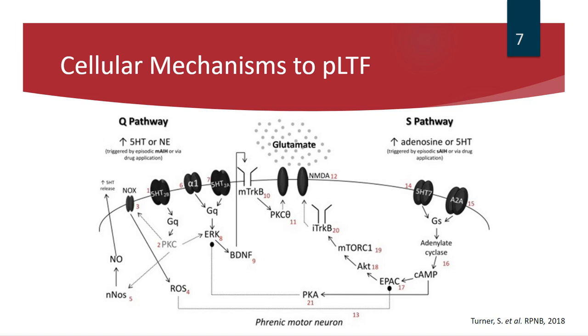We believe that these same mechanisms are at play in the awake animal. The difference, as the question Jay asked a little bit earlier suggests, is that in an awake animal we are not controlling a number of the naturally occurring physiological responses that we do control when we're looking at phrenic long-term facilitation.